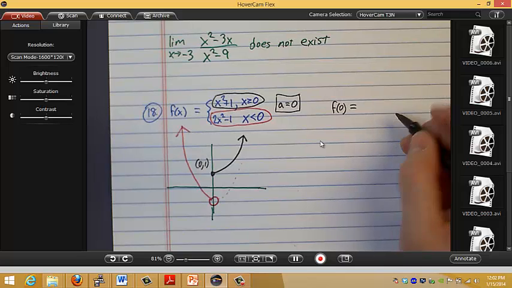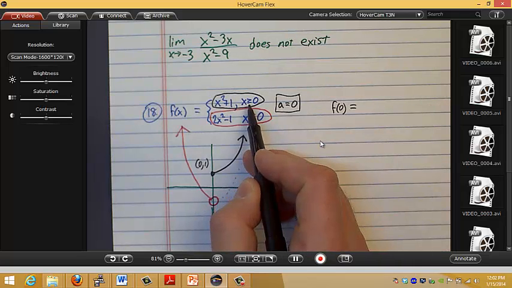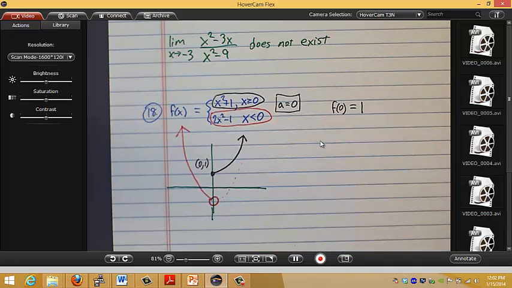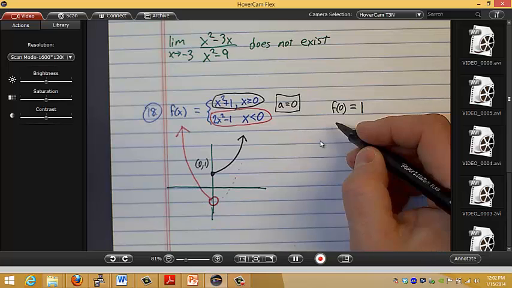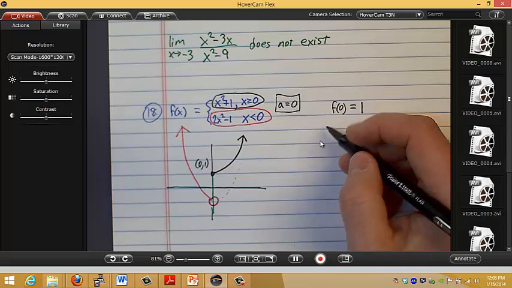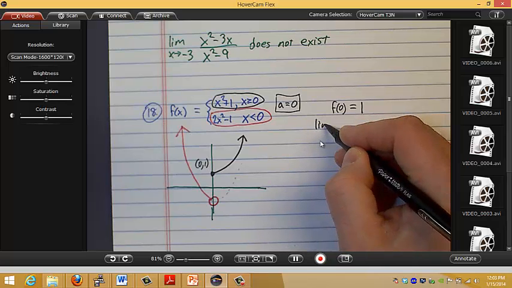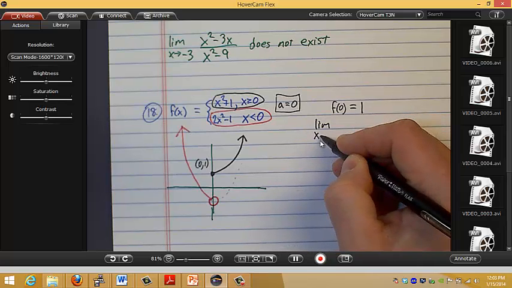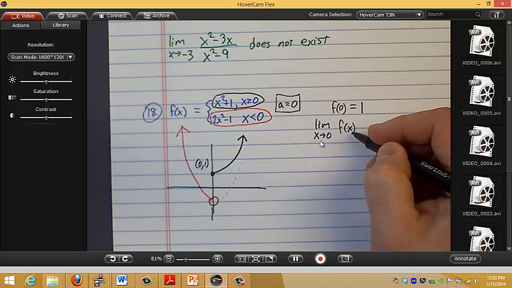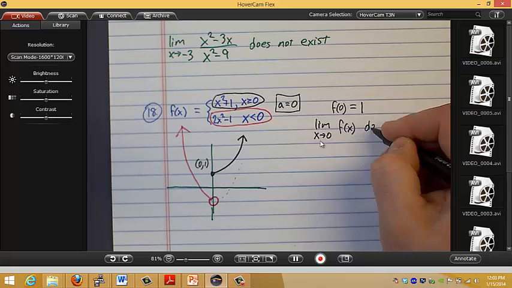Yeah, because it says greater than or equal to 0, you're in this top line. F of 0 equals 1. You guys got that? But if I said, let's find the limit as x approaches 0 of f of x, in this problem I have to say it does not exist.